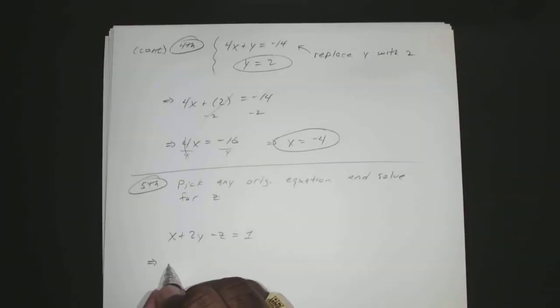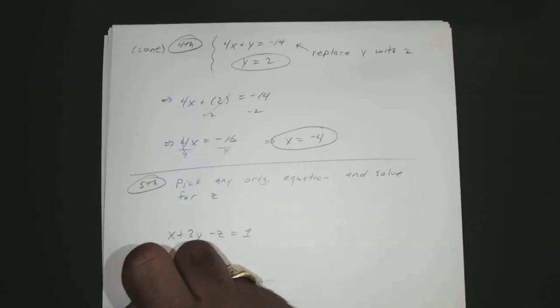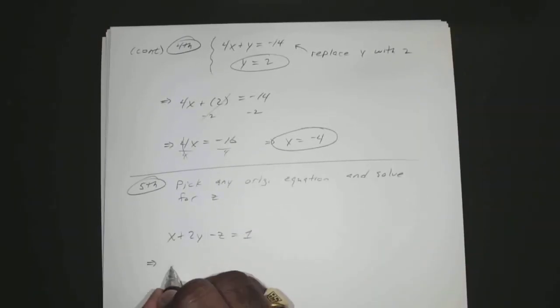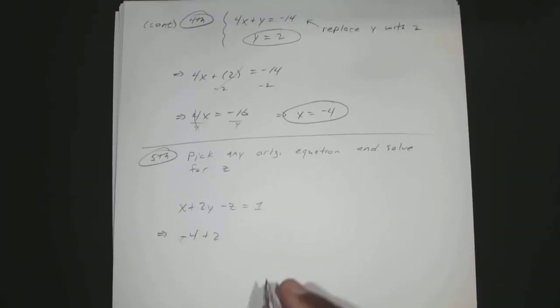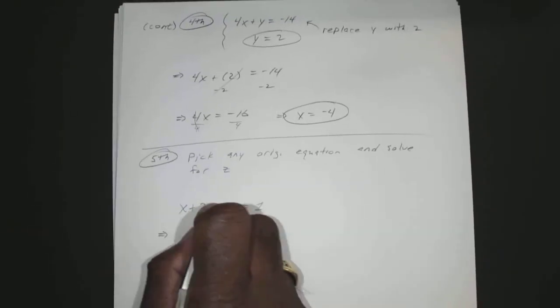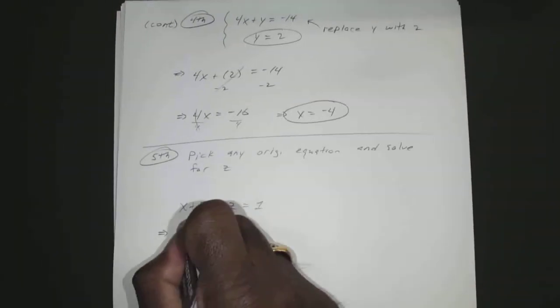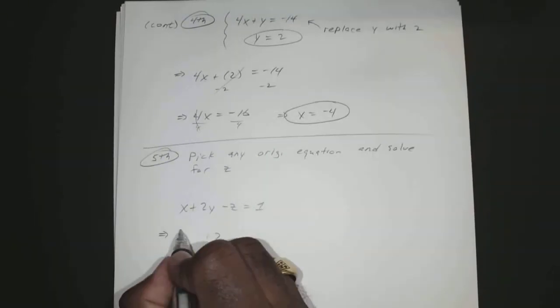Okay, so you have the x, which is negative 4, plus 2y, which is 2 times 2. Here we go.